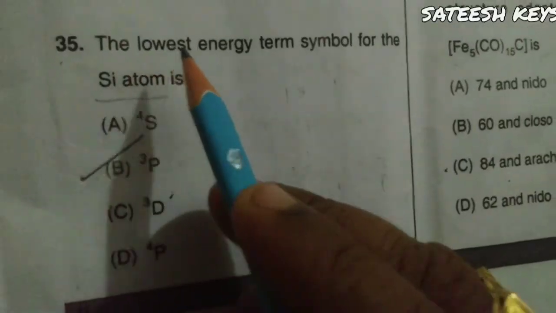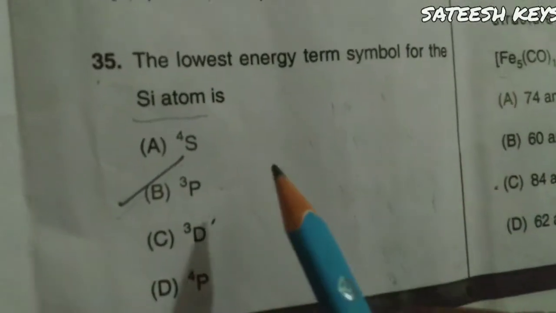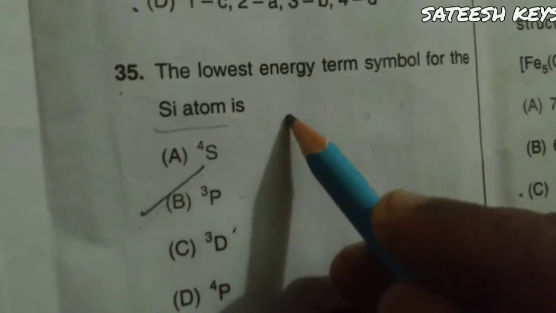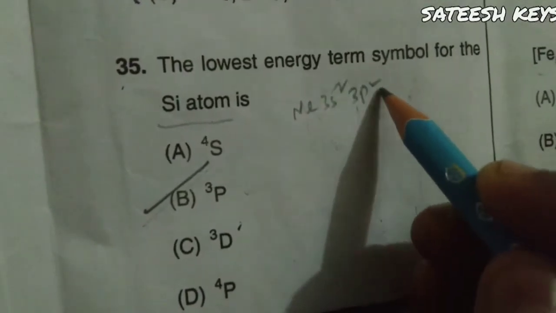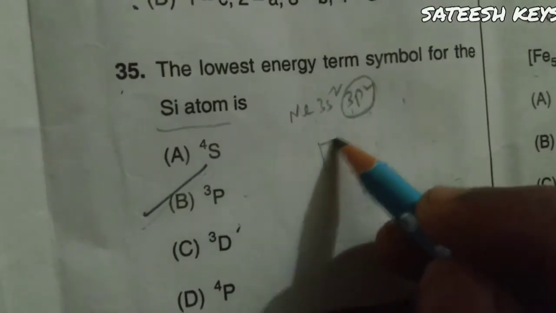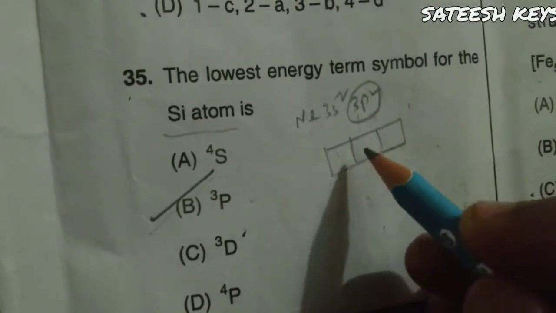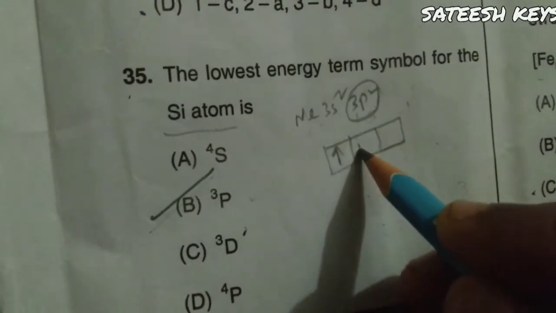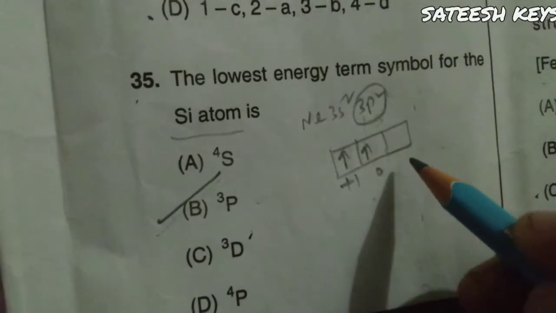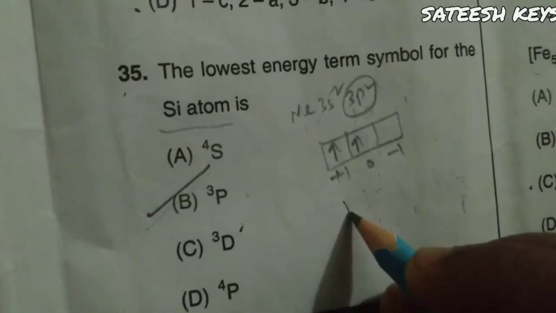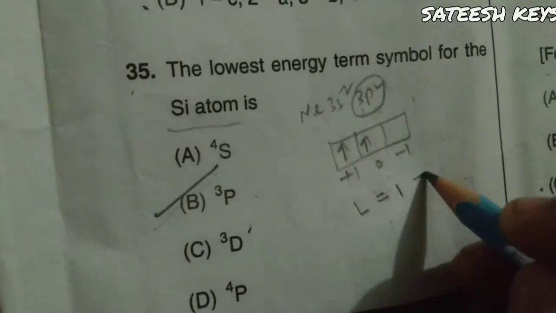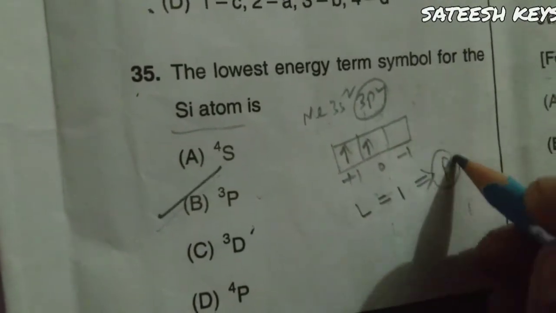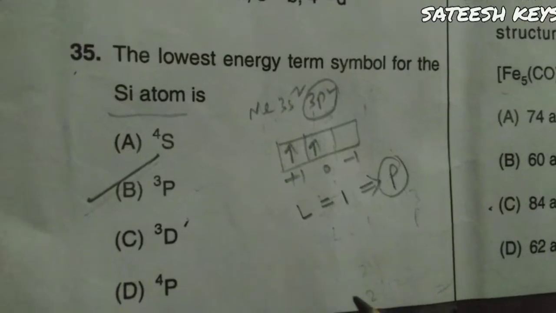Question 35: the lowest energy term symbol for the silicon atom. Silicon atom means neon 3s2 3p2. The p orbital has 3 orbitals, so for 3p2 we have +1, 0, -1, so the L value is 1 plus 0, that is 1, so it is a P term, indicating L is equal to 1.